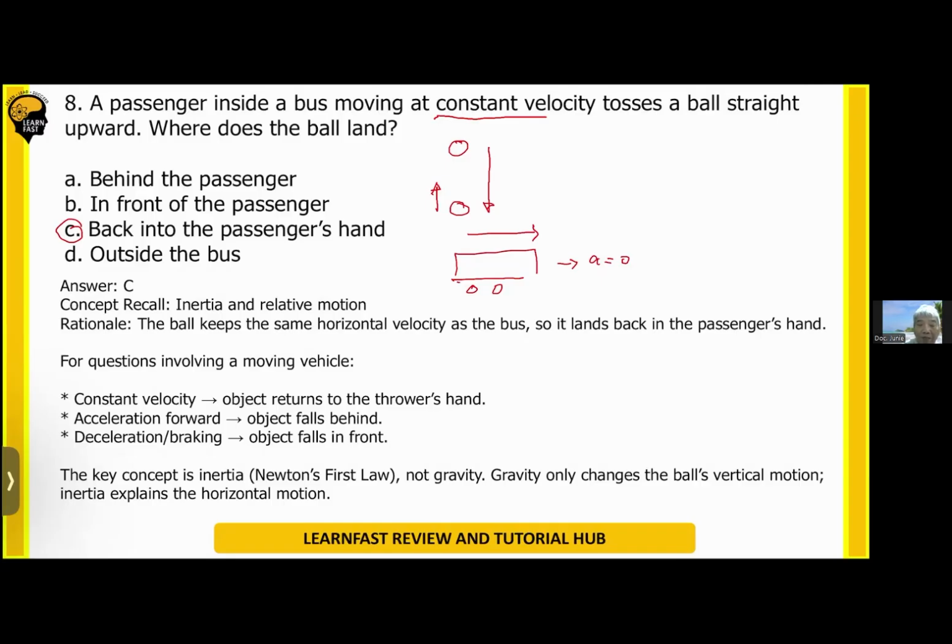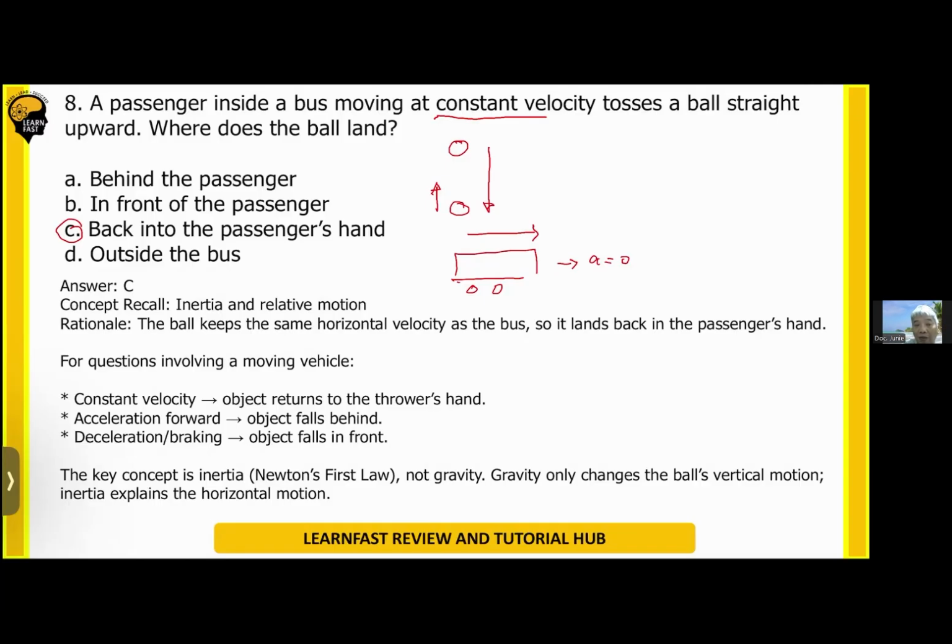Okay? So possible questions may come up. Like for example, if the moving vehicle has a constant velocity, the object returns to the thrower's hand. So that is why the answer is C. Now, if the bus is accelerating forward, the answer to the question, where does the ball land?